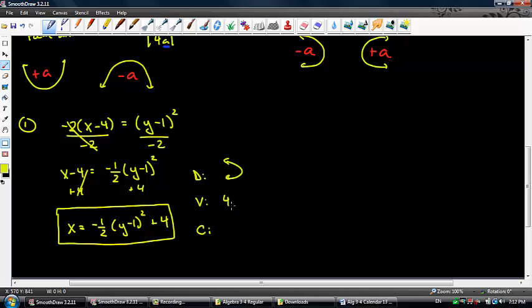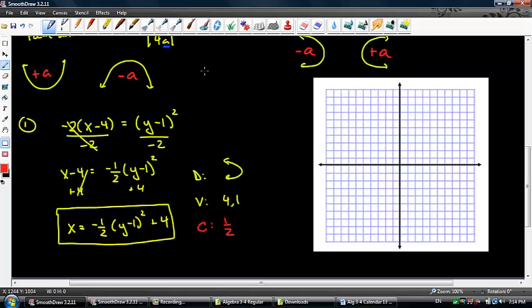The vertex is 4, 1, remember, opposite your intuition inside parentheses. And c is going to equal the absolute value of 1 over 4a. A in this case is -1/2, so 4a gives me -2. So the absolute value of -1/2 is 1/2.